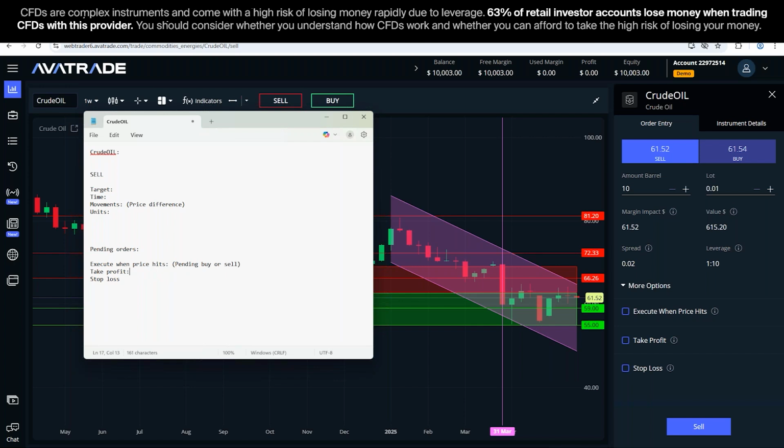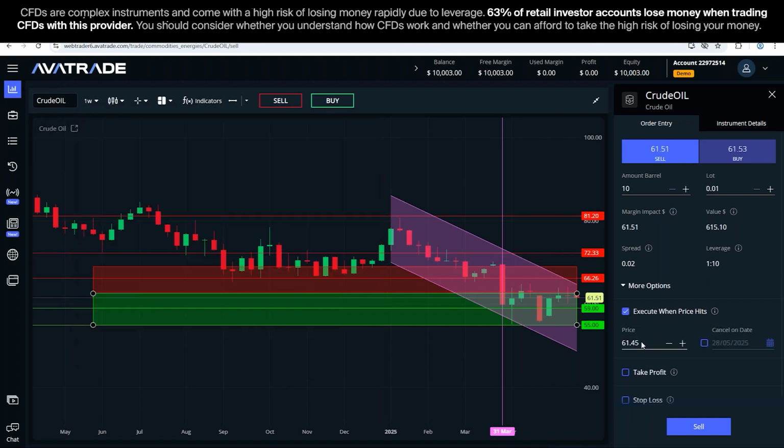People who are trading MT4 and MT5 are familiar with this as buy limit or sell limit, or buy stop or sell stop. And at the moment, we're going to bound our entry to be 61.5 because we want to enter at 61.5.